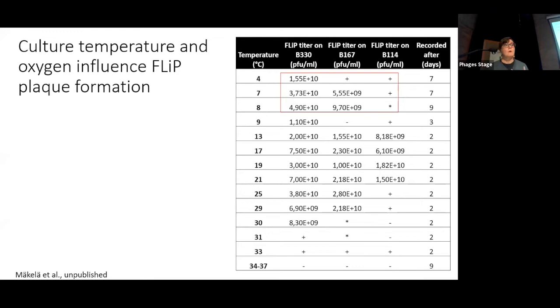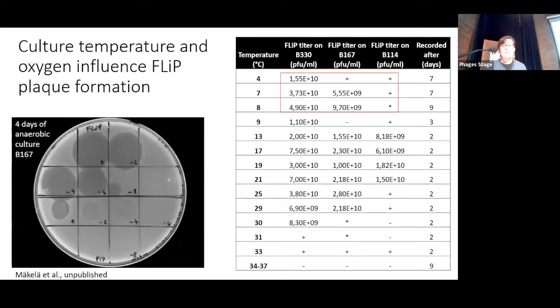So somehow culture in the cold environment doesn't increase the titer of flip, but it makes it more efficient in cell lysis. And this is something that happens also in the anaerobic culture.